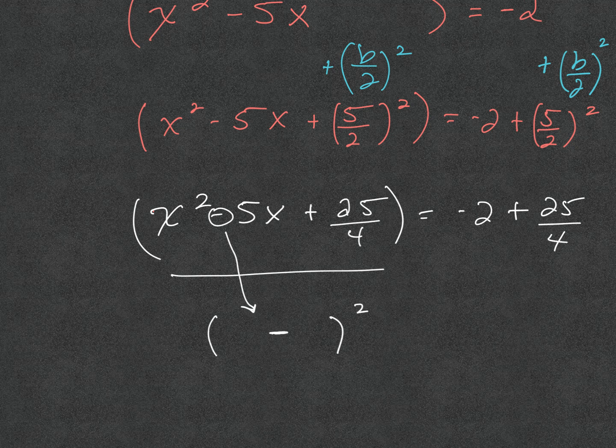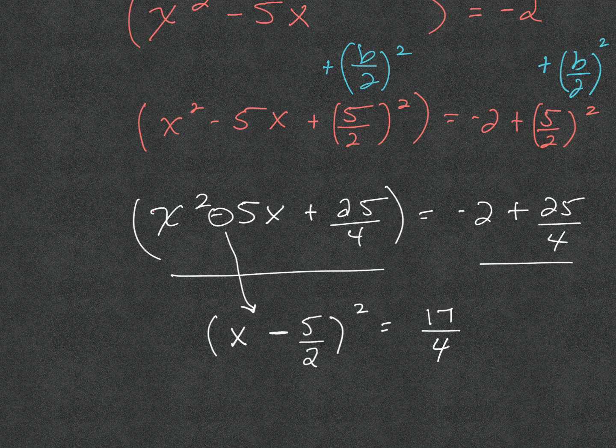That negative goes there. Of course, we have an x, and we're going to get b over 2 in the square equal to, now we have negative 8 over 4, right? So negative 8 over 4, and when we put that together, we're going to get 17 over 4.